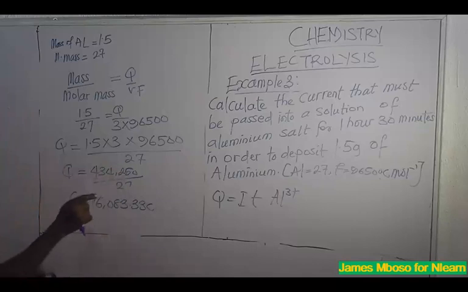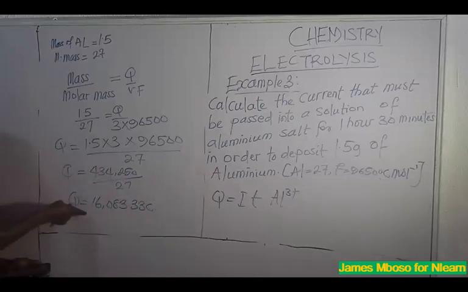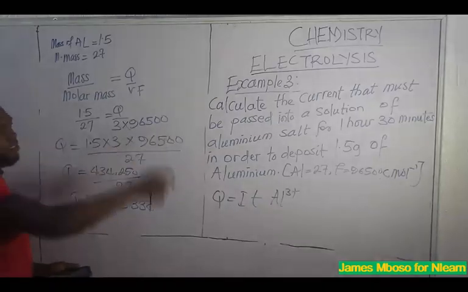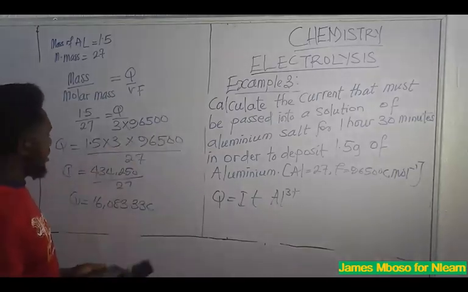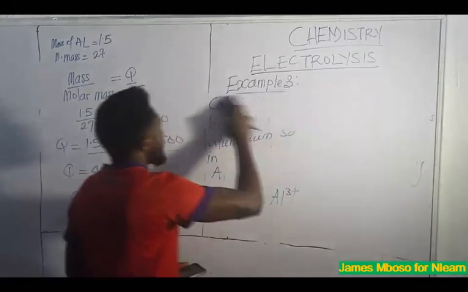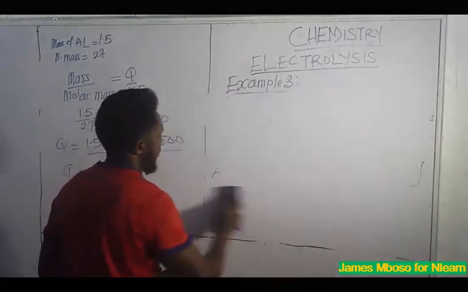So this is the quantity of electricity entering the cell containing this particular salt. Now we can calculate the current.